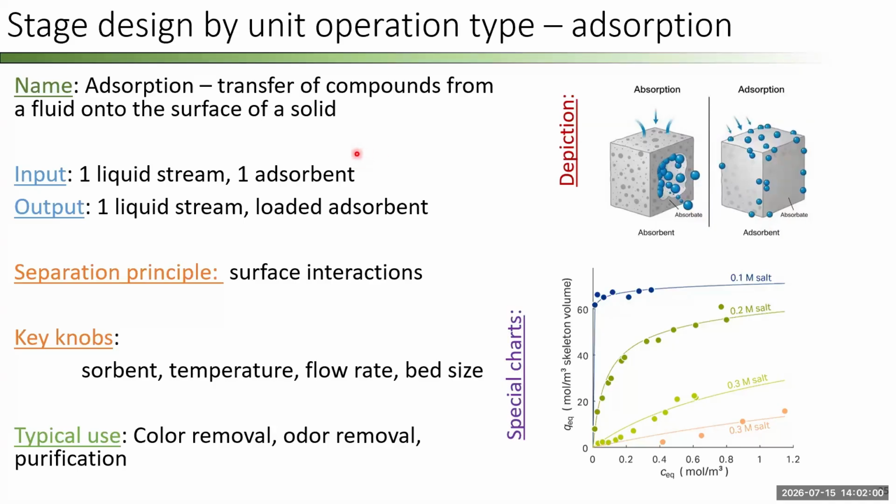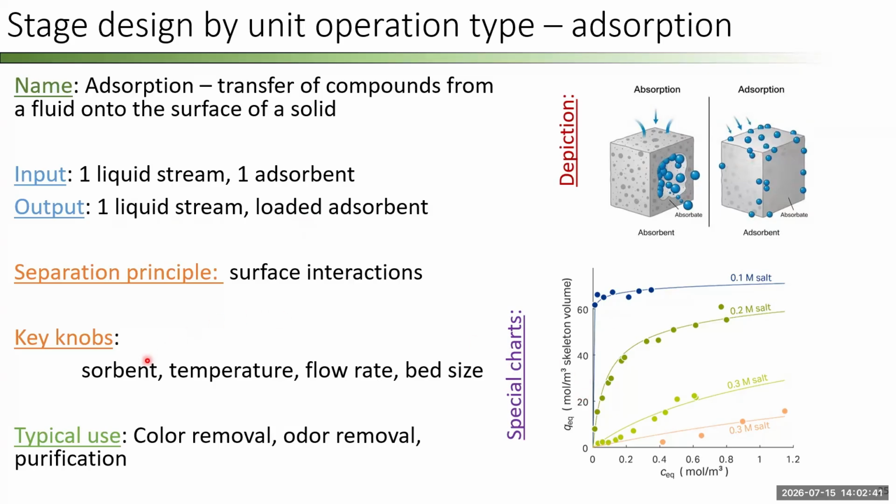In this case, we would take a liquid stream and pass it over an adsorbent, and the molecules would stick on the surface and not continue on with that liquid or gaseous stream. So we get a continual output of that fluid stream, and we end up with a loaded adsorbent. The key principle is the different affinities of the molecules in that fluid stream for the adsorbent.